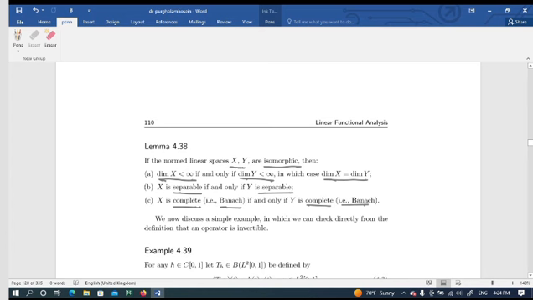Dimension of X equals dimension of Y. X is separable if and only if Y is separable. So if one of them is separable, the other must be separable too. X is complete or Banach if and only if Y is complete or Banach.